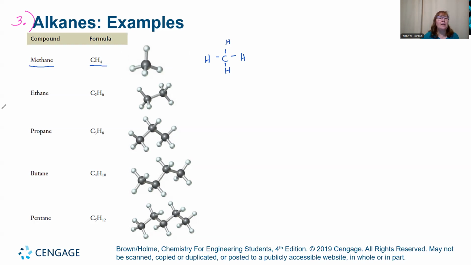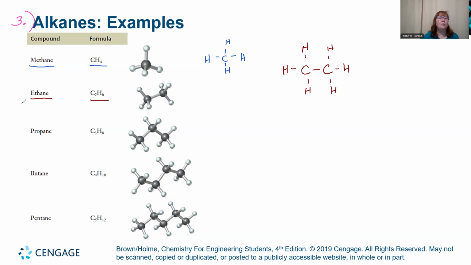Then our next one would be ethane, C2H6. I'm going to toggle back and forth so that we have some additional space. Our ethane would look like this. We put 2 carbons, and then the hydrogens go like this. This is the way all simple alkanes are going to work.